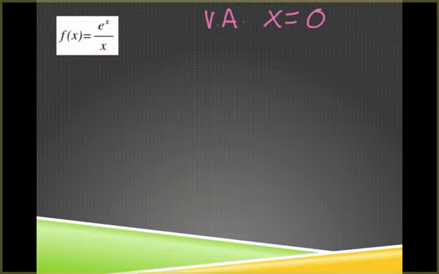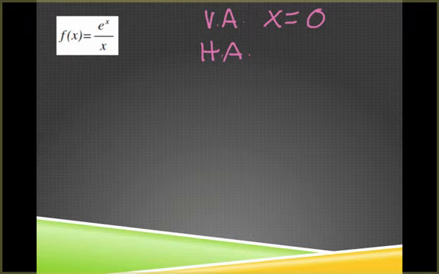Then to find our horizontal asymptote, we do our limit. Now, as it turns out, this is actually a very easy limit to evaluate using the material in the next section on L'Hopital's rule. But we're going to just consider what's going to happen as x approaches infinity here. Well, as x approaches infinity, e to the x is going to approach infinity, and my denominator is also going to approach infinity.